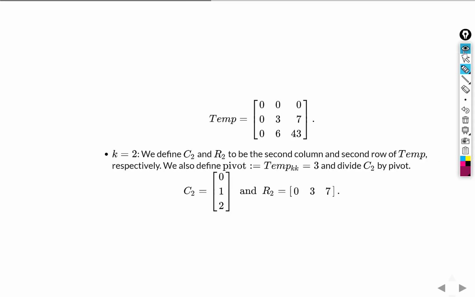Step 2, we start from the temp variable and we define C2 and R2 to be the second column and row of temp respectively. We define the pivot to be the second entry on the diagonal of our matrix, and we divide C2 by pivot, which makes the second entry 1.